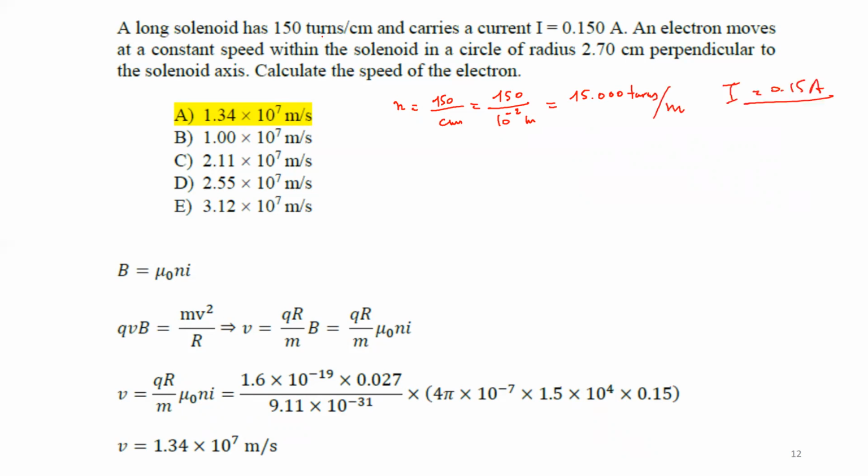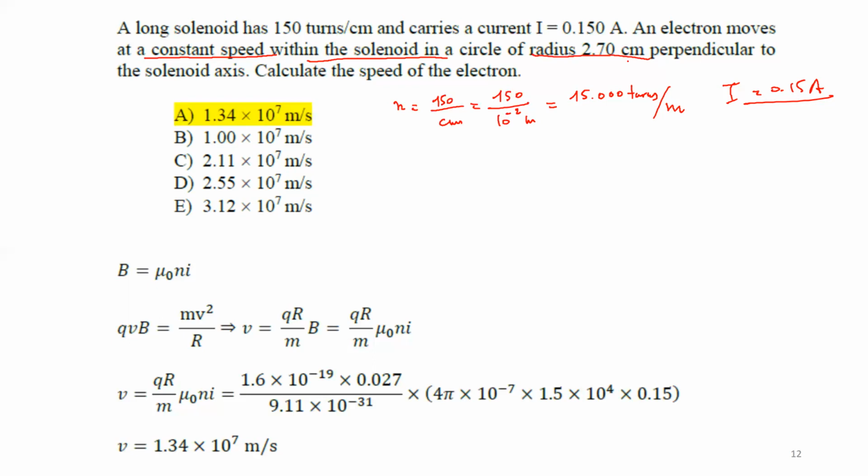An electron moves in the solenoid. Of course, the electron will feel the magnetic field created by the solenoid. An electron will be moving at constant speed within the solenoid in a circle of radius 2.7 centimeters perpendicular to the solenoid axis.